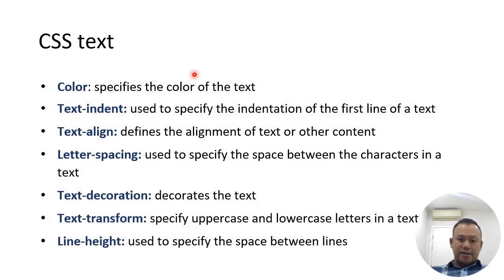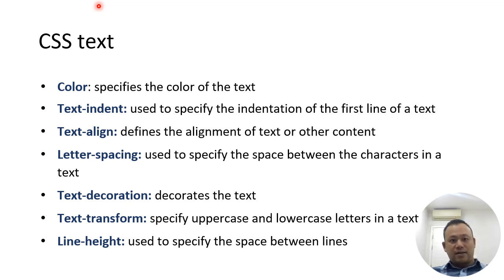For text, the text module defines how to perform text manipulation like breaking, justification, alignment, white space handling, and text transformation. The color property is used to set the color of the text. We see that a color is most often specified by a color name like red, a hash value like FF0000, or an RGB value like red, green, blue with integer values.